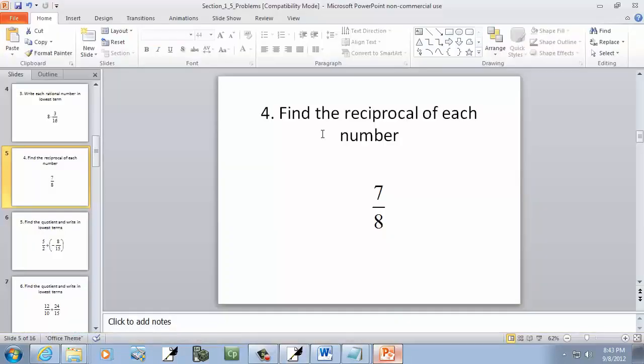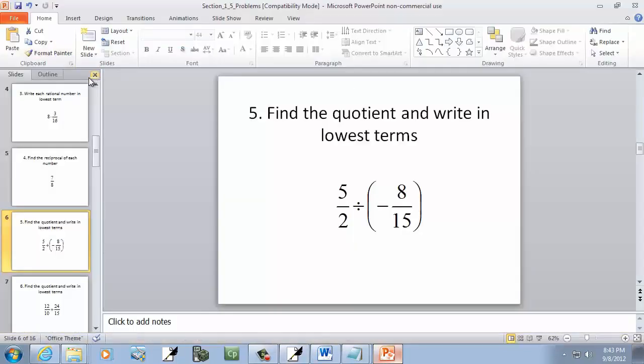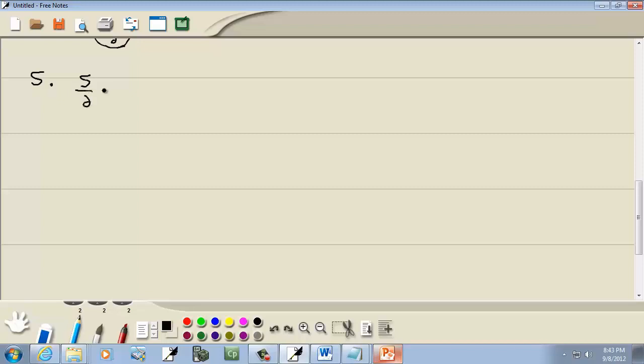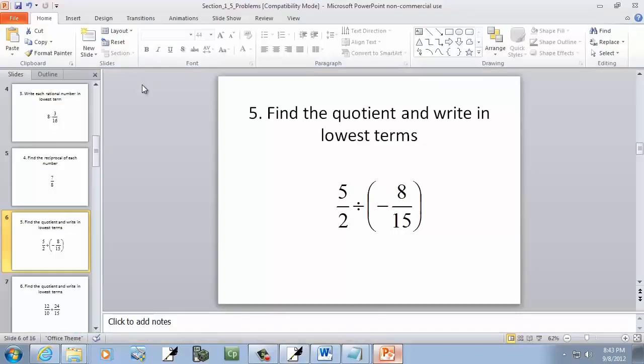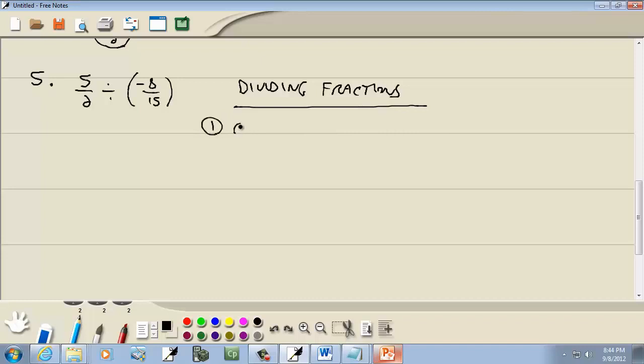Well, let's take a look at some division. We've got 5 halves divided by negative 8/15. And this is dividing fractions. Step 1: rewrite as multiplication.